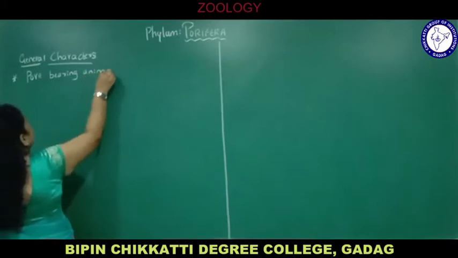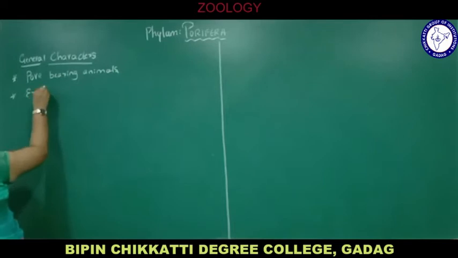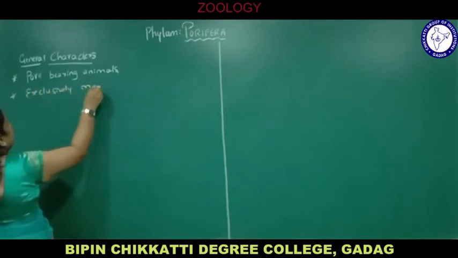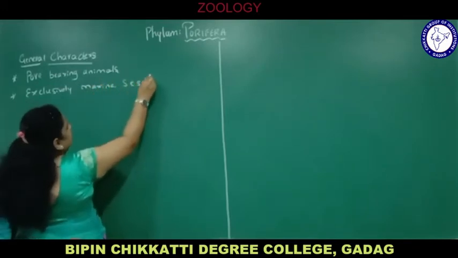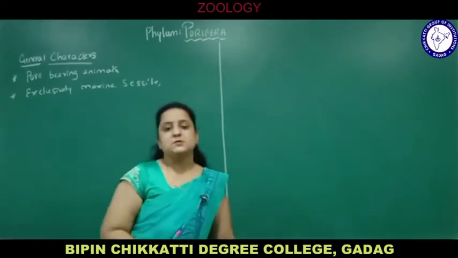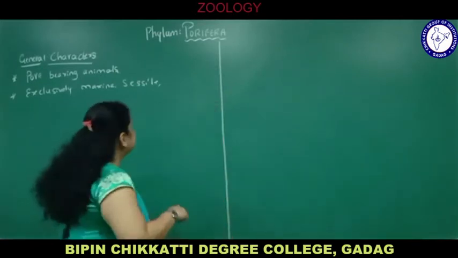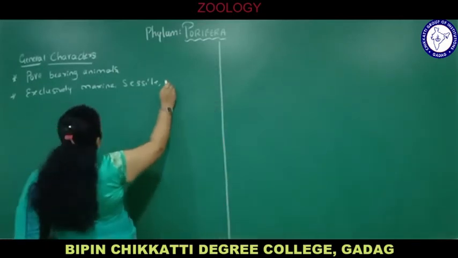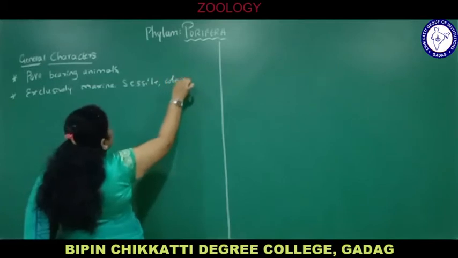Next, they are exclusively marine, found in marine water. They are sessile, which means they are not movable. They are attached to the substratum or any substance available in the water, and they are found single, as individuals, or also as colonial.